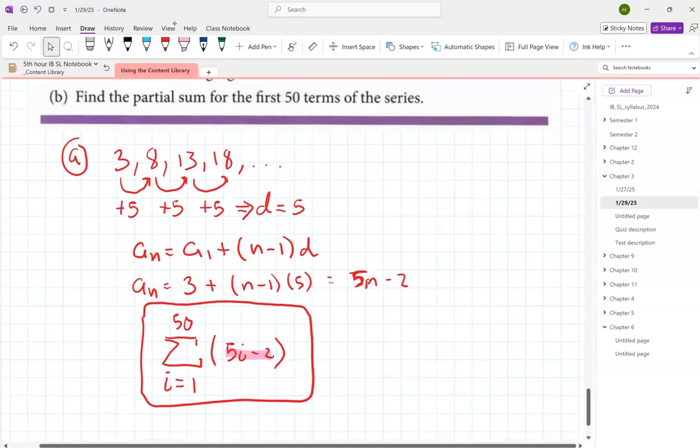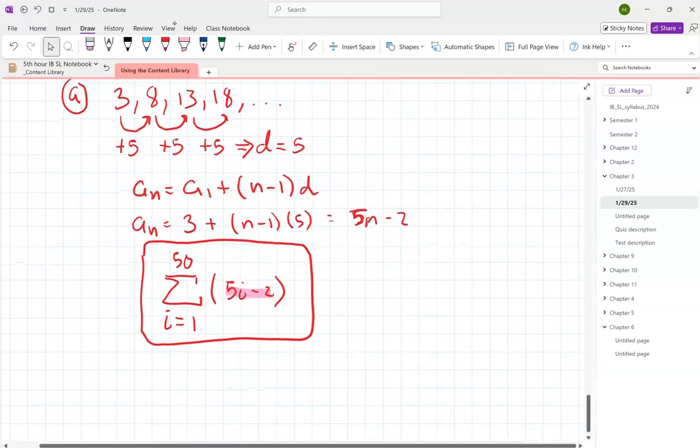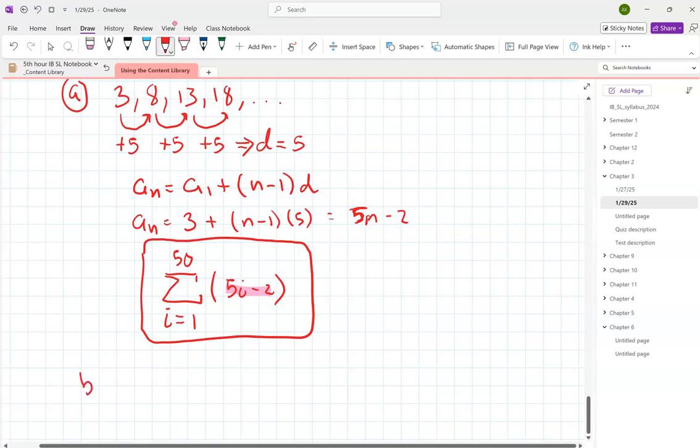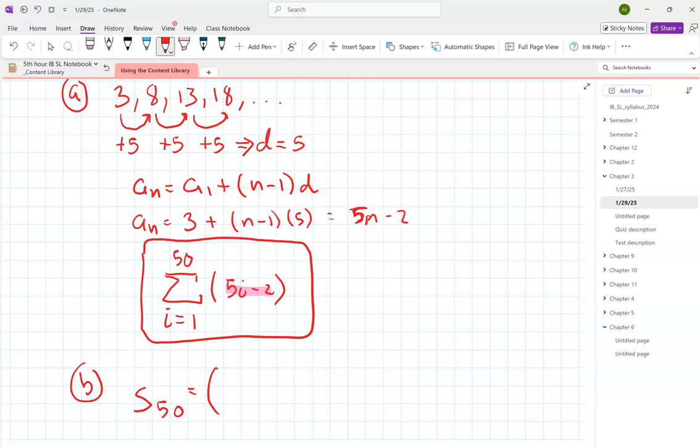Part B then says find the partial sum for the first 50 terms. So S sub 50, again using our formula, is going to be the first term plus the 50th term, divided by 2, and then times 50. We know the first term is 3.